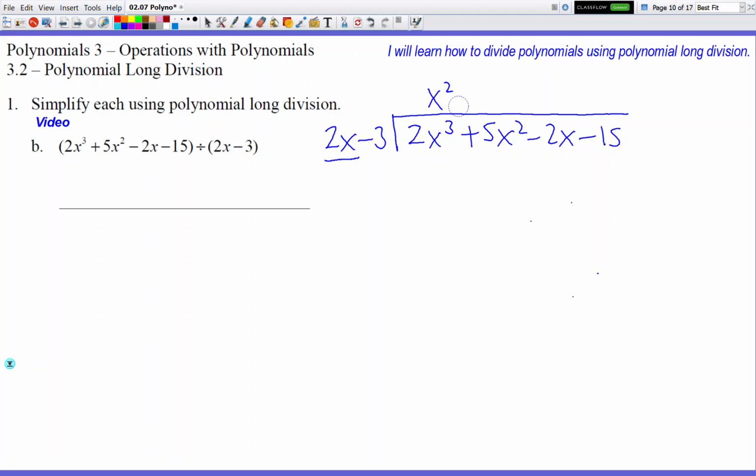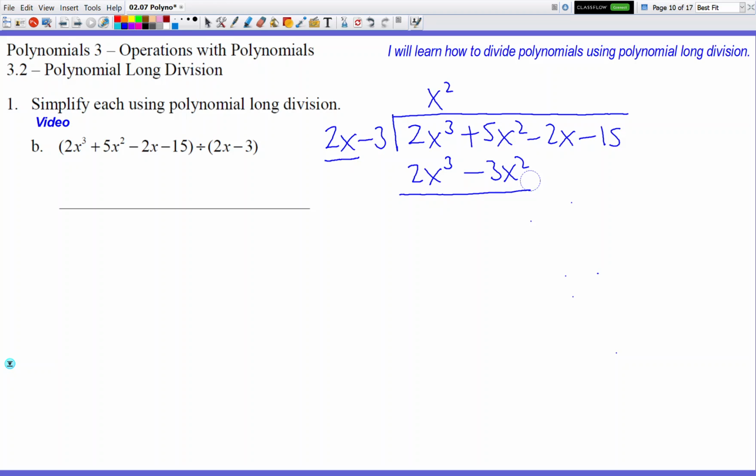So x squared times 2x and x squared times negative 3. x squared times 2x is 2x cubed, and x squared times negative 3 is negative 3x squared. I wrote my numbers right beneath the appropriate column because I want to match them up with like terms. Keep that in mind.